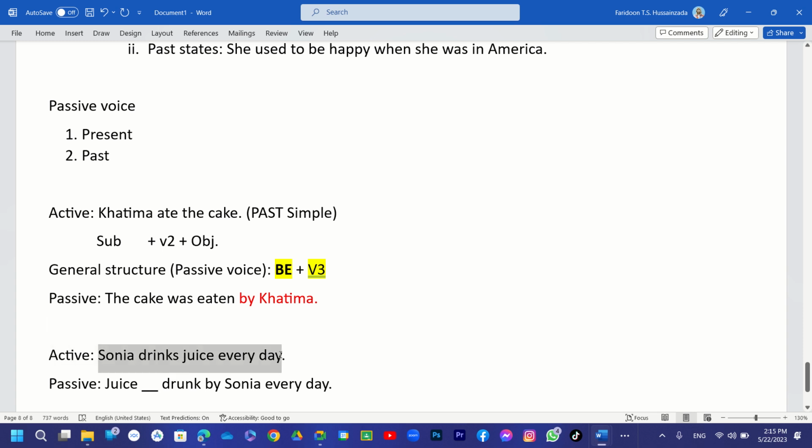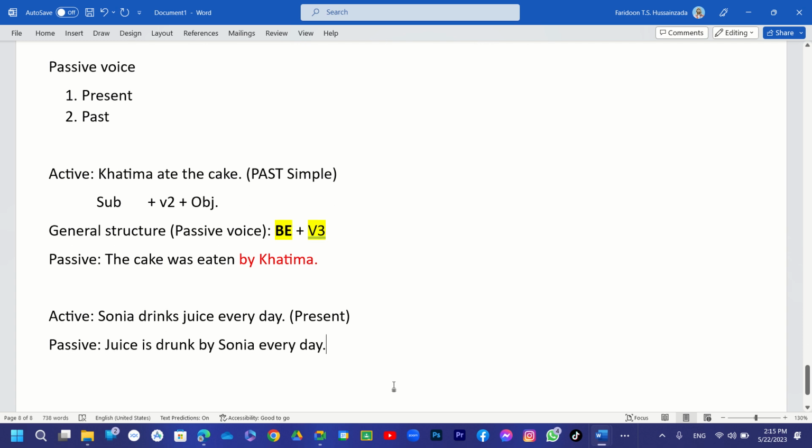What is it, past? Present, right? So for the present, can we use was? Is, very good. Juice is drunk by Sonia every day. If you don't want to mention Sonia, just remove it. Not a big problem. Any questions?